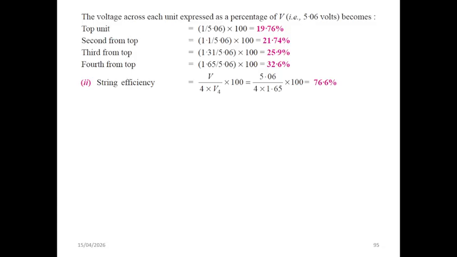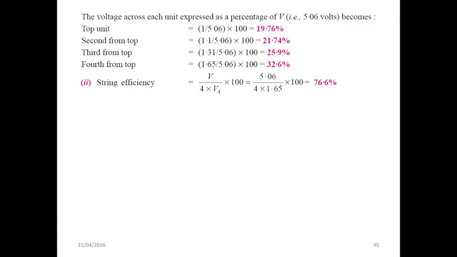This slide completes the analysis by expressing the voltage across each insulator unit as a percentage of total string voltage, and then calculating the string efficiency. So after determining the total voltage across the string is equal to 5.06 volt, the voltage contribution of each unit can be normalized with respect to this total value.